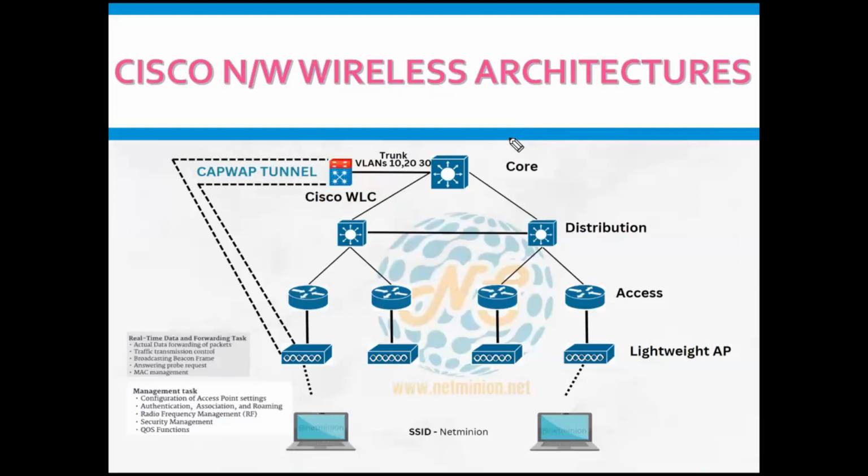Scalability: if it is spreading more, you need more autonomous APs, and supporting them is really very hectic. So in the autonomous AP architecture, scaling is possible, but very complicated.